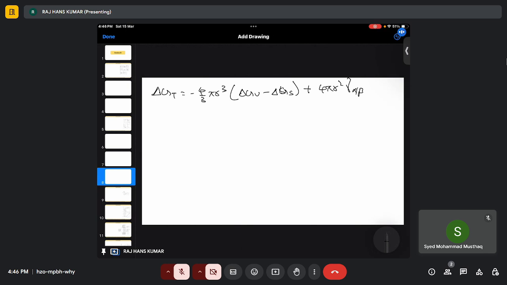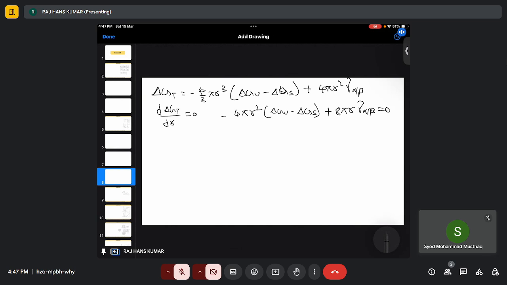Now, for the critical radius, doing the same, differentiating with respect to R and setting it to 0. So it will be 4 pi R square delta GV minus delta GS plus 8 pi R gamma alpha beta, which is equal to 0.